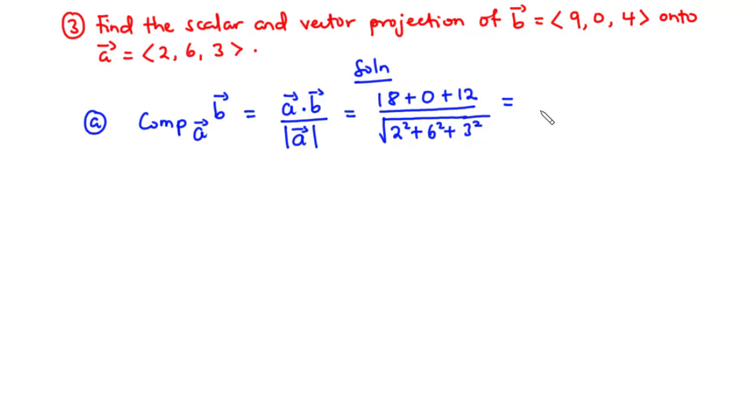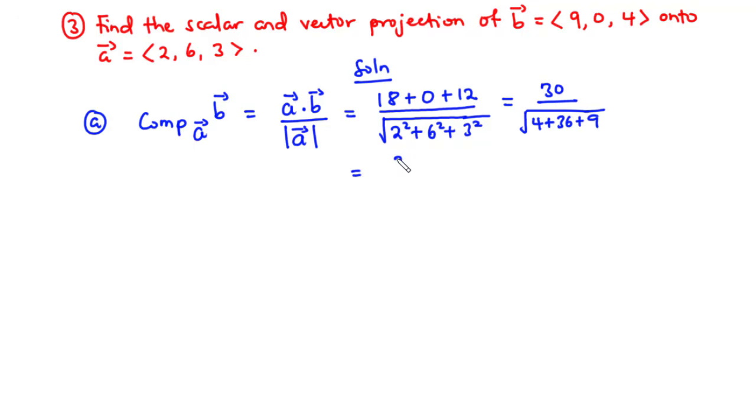Now 18 plus 12 is 30, divided by the square root of: 2 squared is 4, 6 squared is 36, 3 squared is 9.